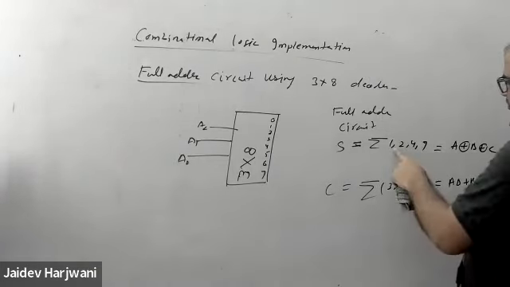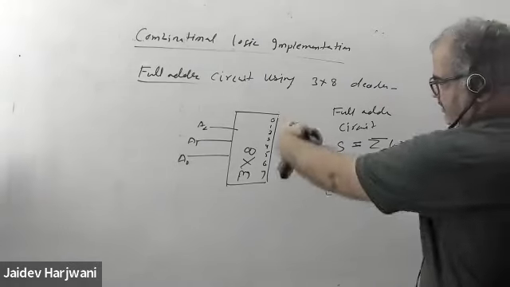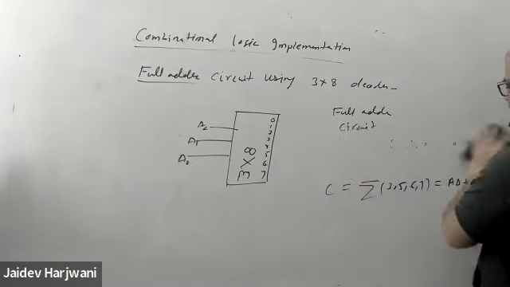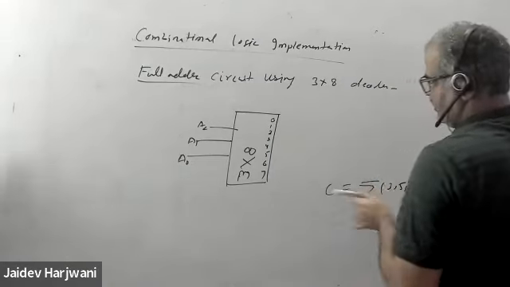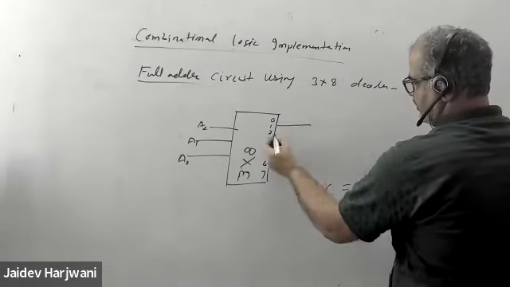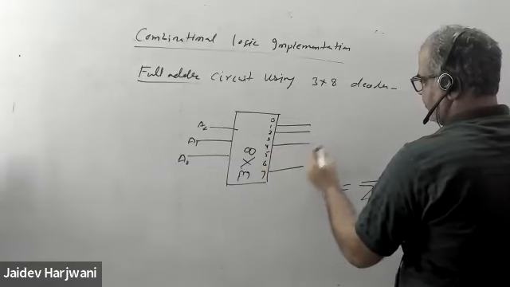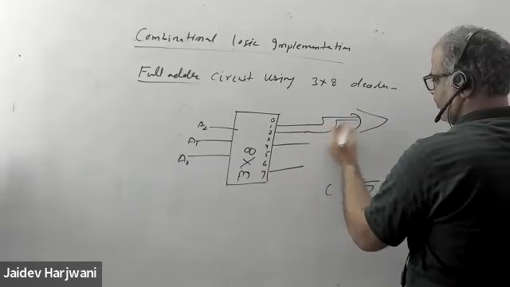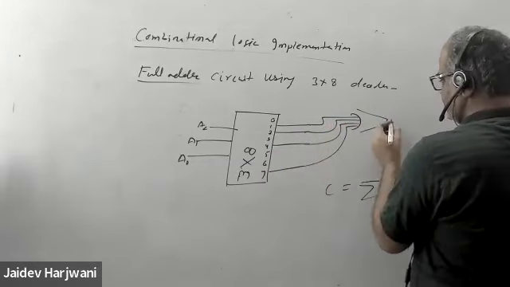So I know 1, 2, 4, 7. I have all the terms, I just have to OR them. So I take 1, 2, 4, 7, use an OR gate and give them as input. This will give me the sum.